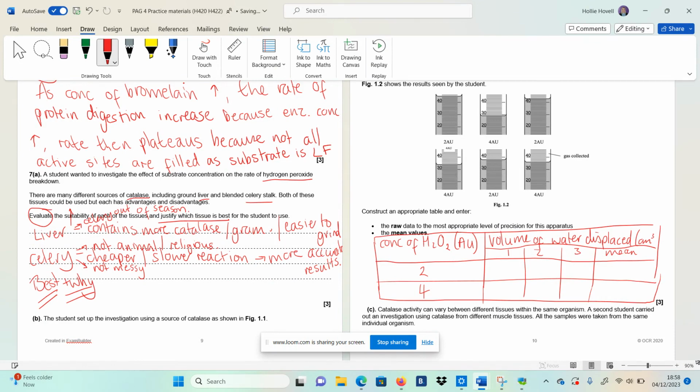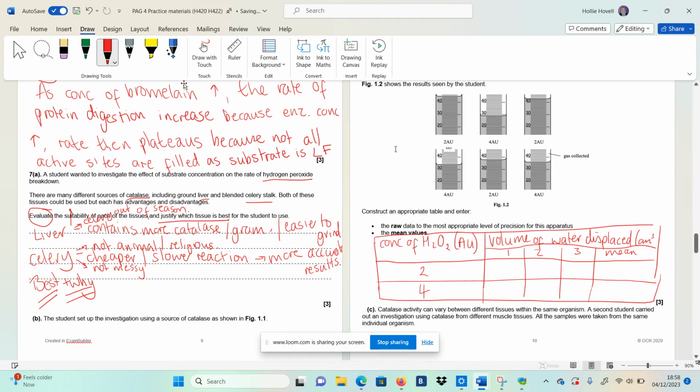So then it's a case of reading the values off. So for 2, if the water started, what did it say?